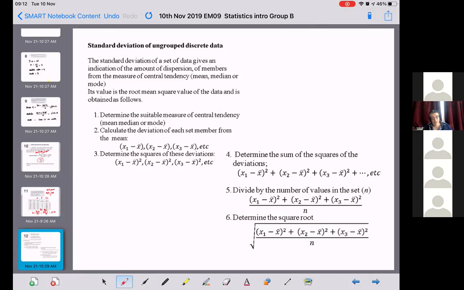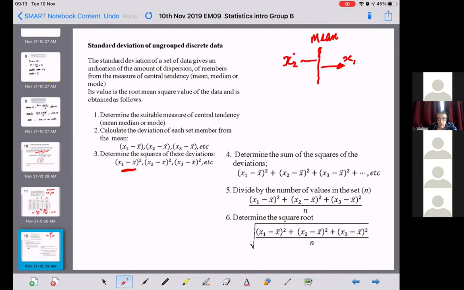The reason is that we're interested in how far away x1 is from the mean value, not whether it's lower or higher. So by squaring these values, we remove any negative values.